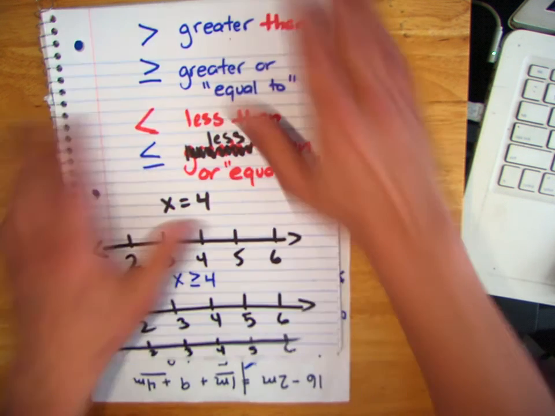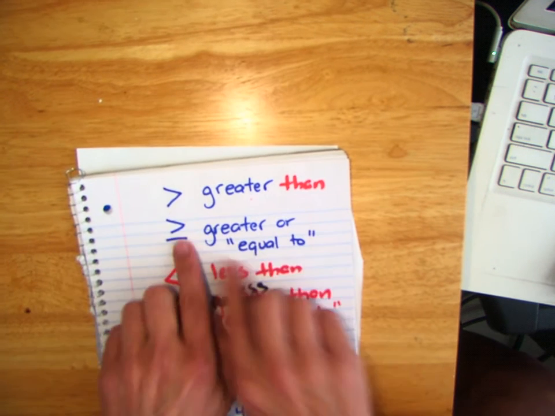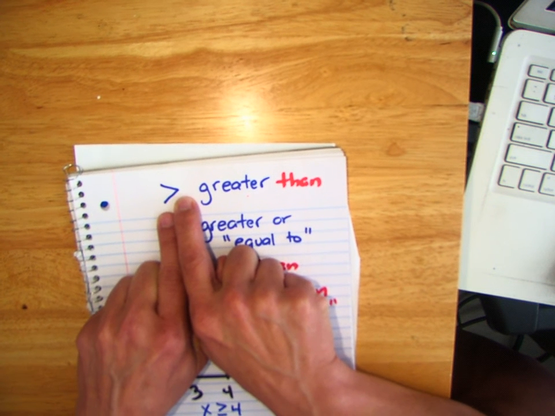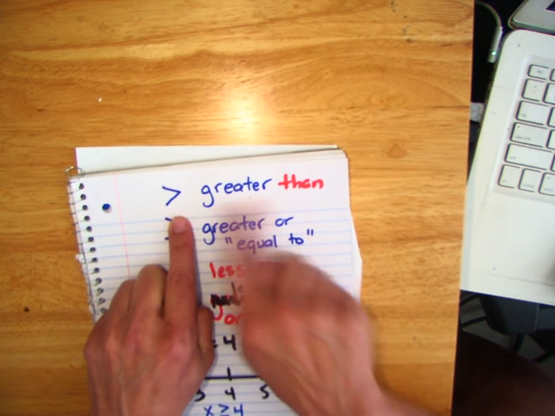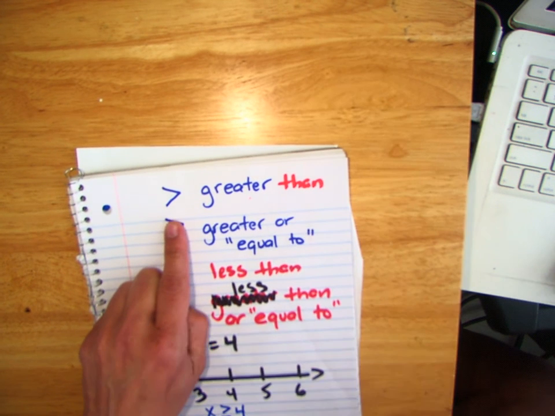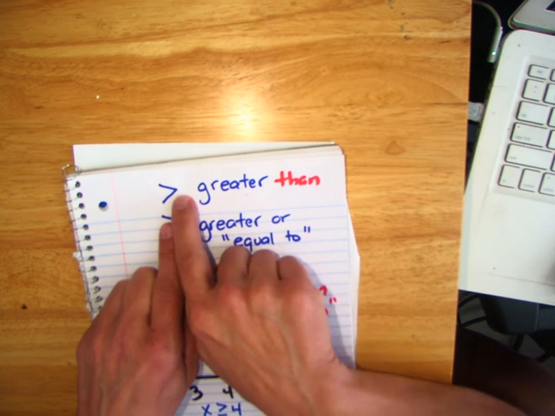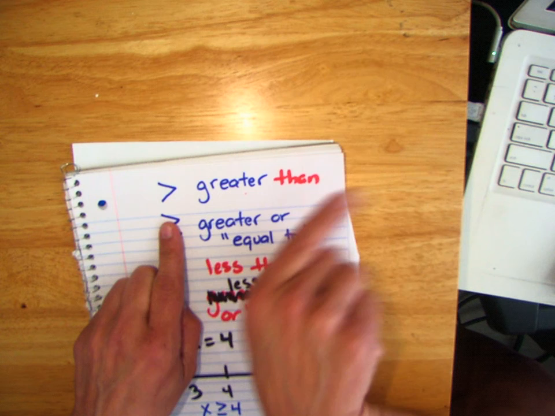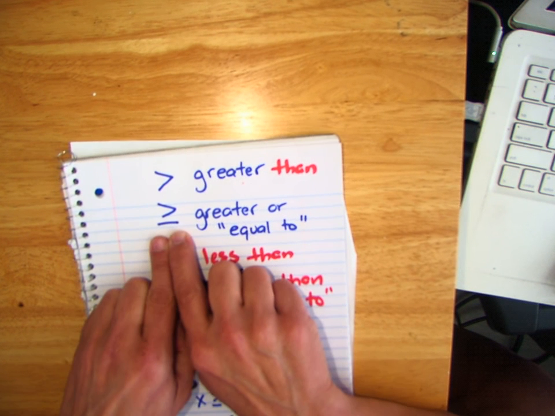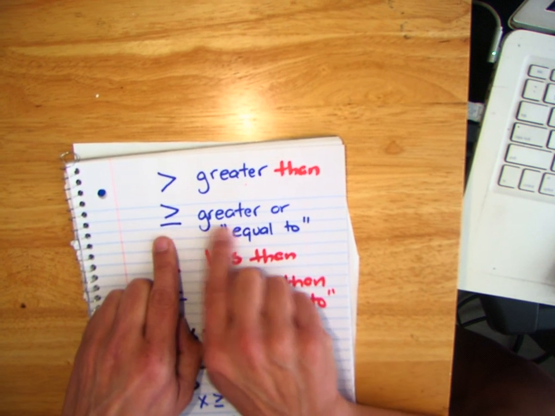So remember, for inequalities, if the corner is pointing to the right, it's greater than. So right-handed, right. There's a lot more people that are right-handed. So I always remember that if it's pointing to the right, it's greater than. When there's a little line underneath, this is called greater than or equal to.